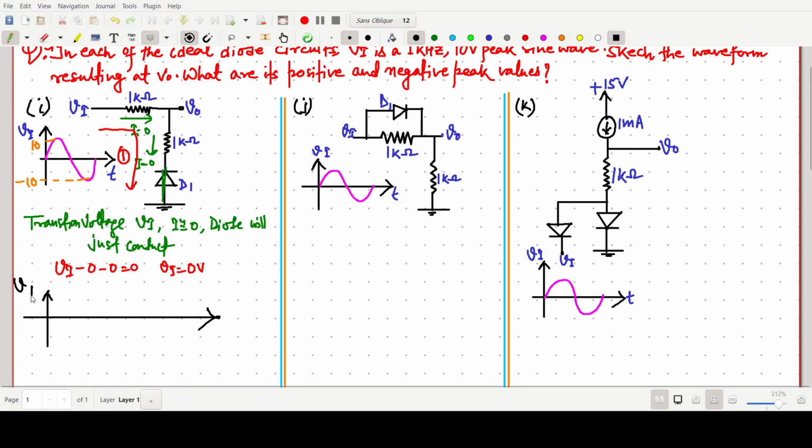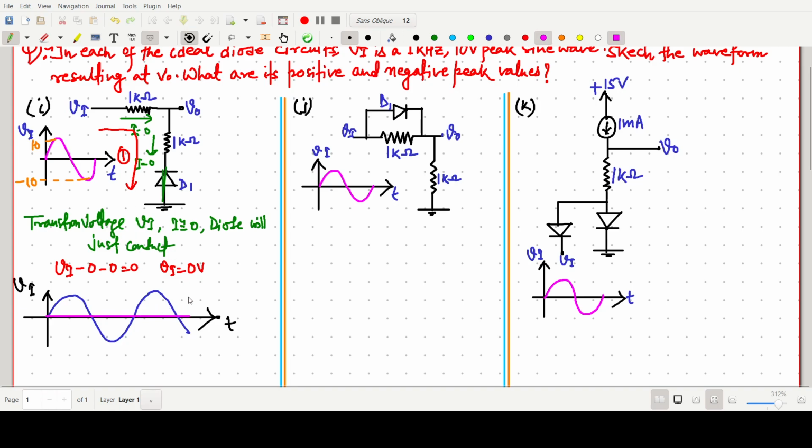For more detail you can follow the Boylestad book. So this one is the input waveform, and this is the transition voltage.